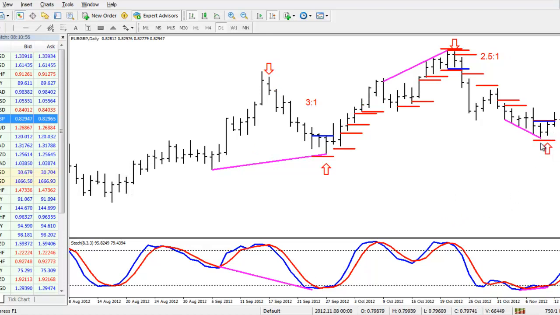We can see that the last 3 bars, 1, 2, 3, the lowest low of the last 3 bars is this bar here. So we can move the stop loss very slightly to underneath that bar, less the 8 pips.